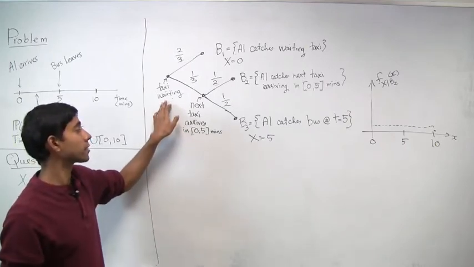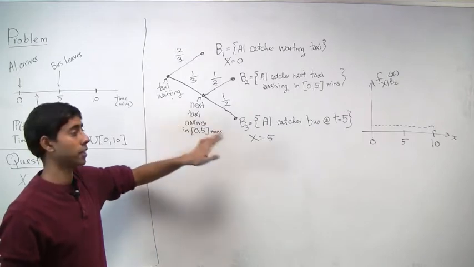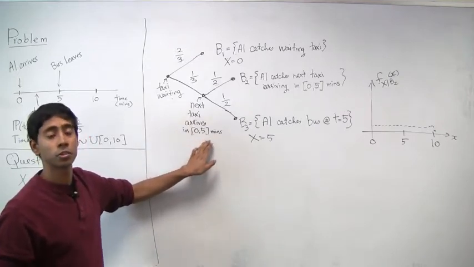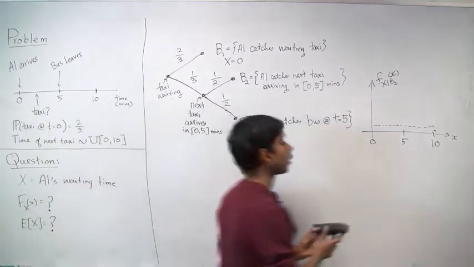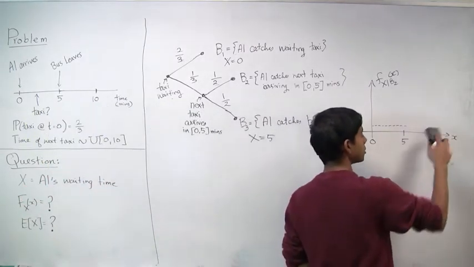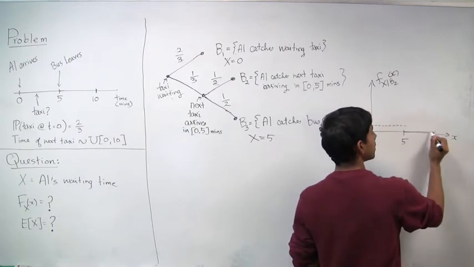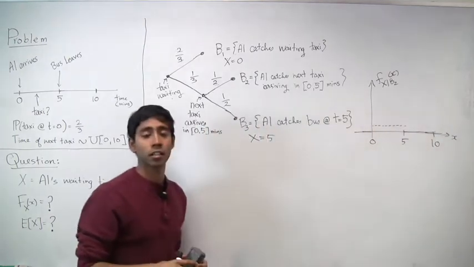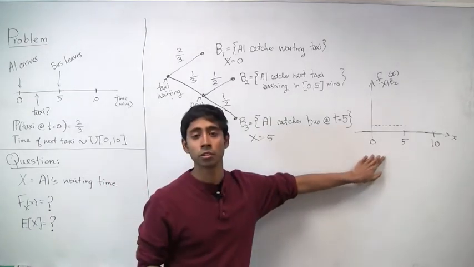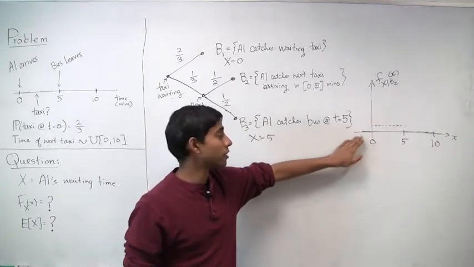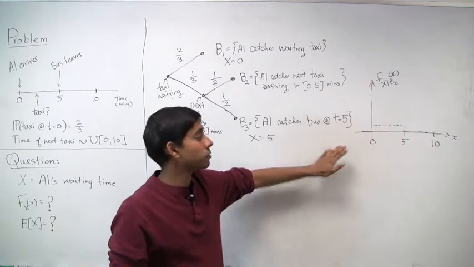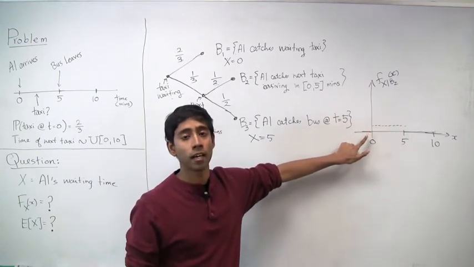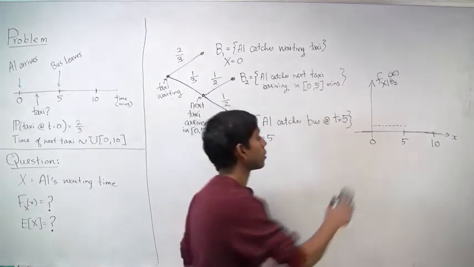Well, the fact that there was no taxi waiting has no bearing on that density, but the fact that the next taxi arrives between 0 and 5 does make a difference, because the density then is going to be definitely 0 in any region outside 0 and 5. Now the question is, how is it going to look in between 0 and 5? Well, it's not going to look crazy or different. It's simply going to be a scaled version of the original density between 0 and 5.